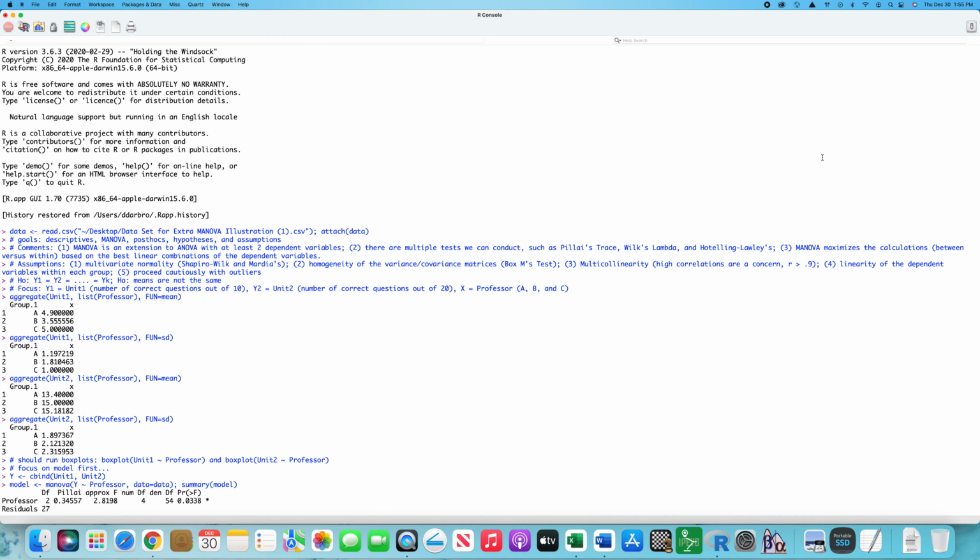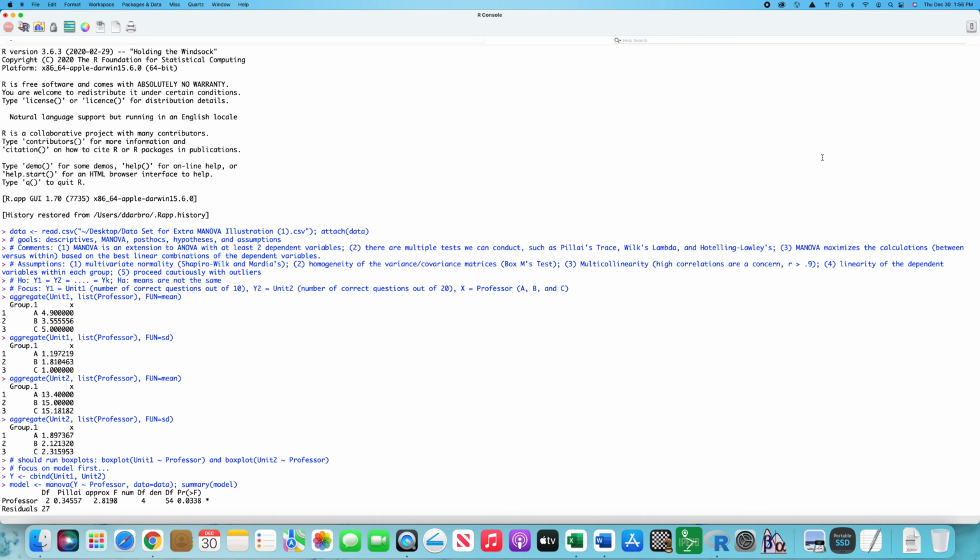Plus it takes some other things into account, namely the correlation between the dependent variables, and gives us more statistical power, as we're actually going to see firsthand in this example.